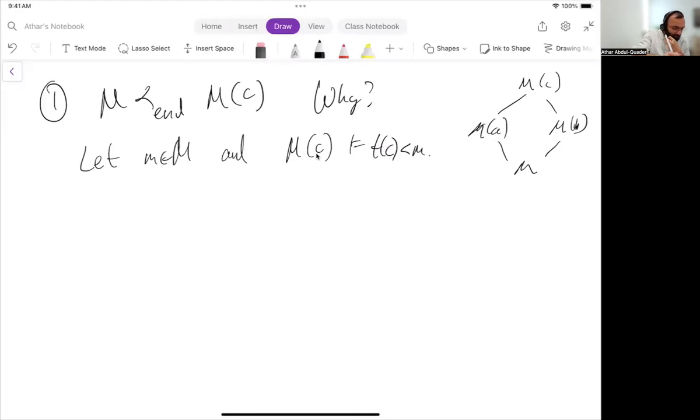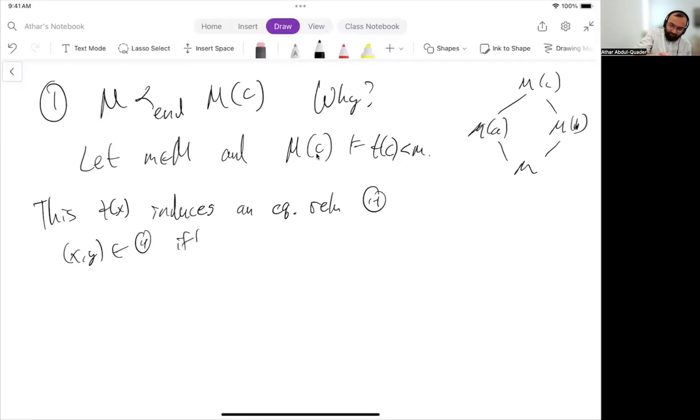I'm gonna remind you how we use the fact that we built this type very specifically and made the equivalence relations canonical. This t of x induces an equivalence relation, and I explained this last time, so I'll repeat it now. Theta is defined by x is equivalent to y if and only if t of x is equal to t of y.